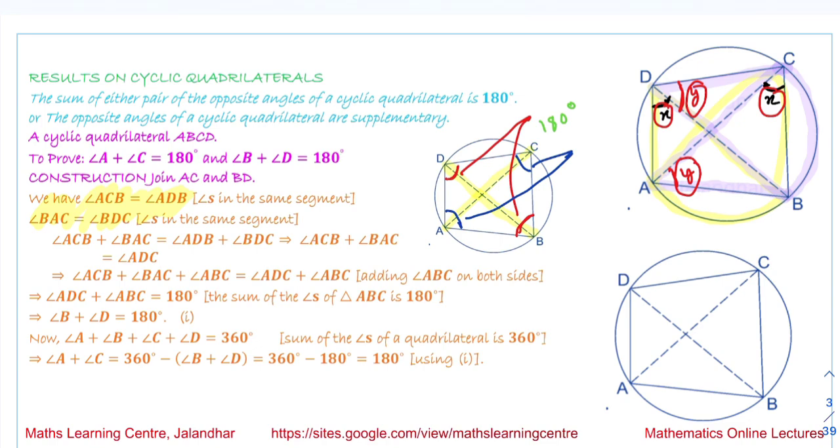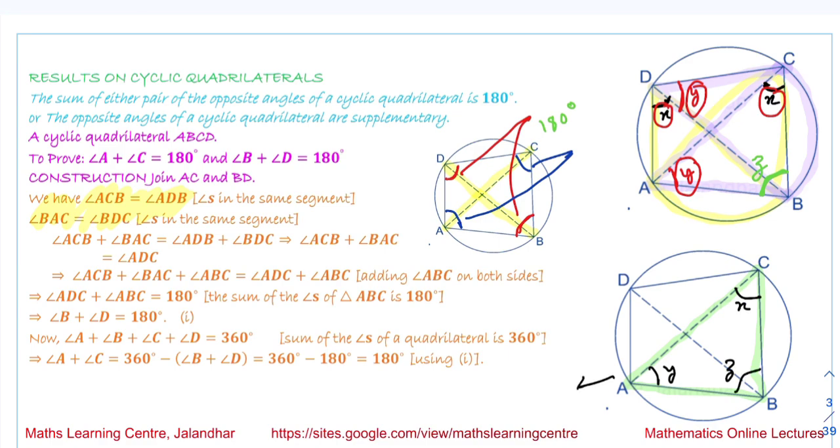Now suppose the third angle, the angle at B, has the value z. In triangle ABC, we have angles y, x and z.